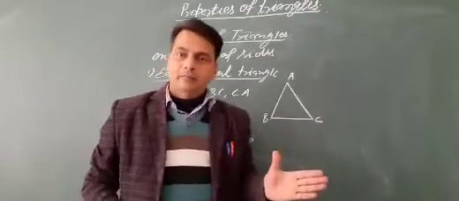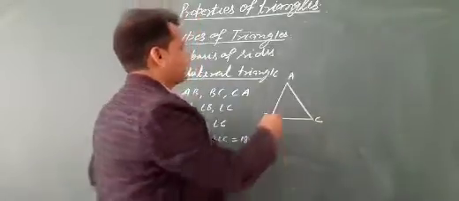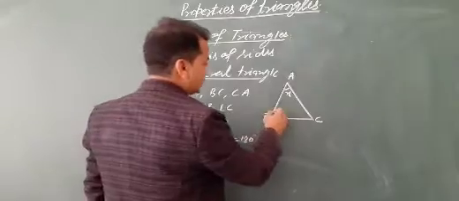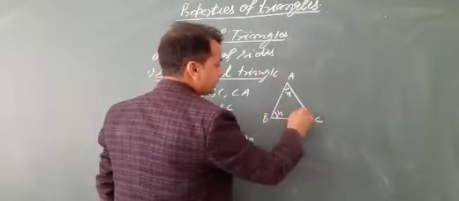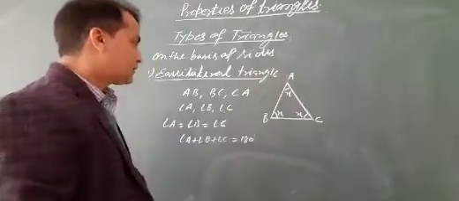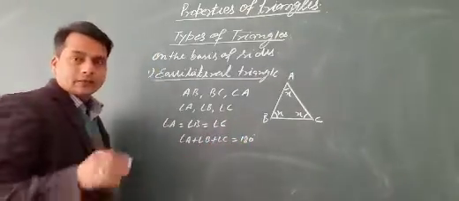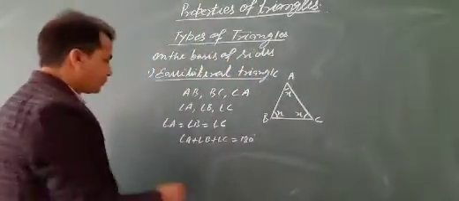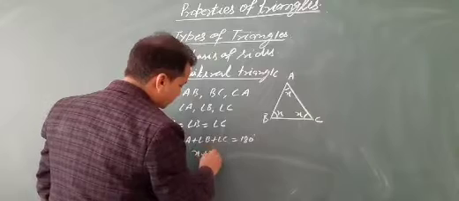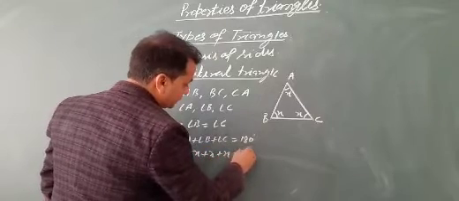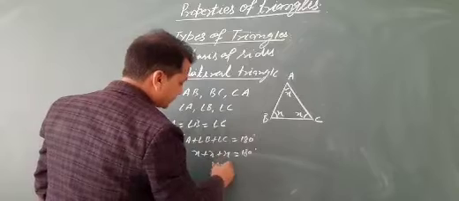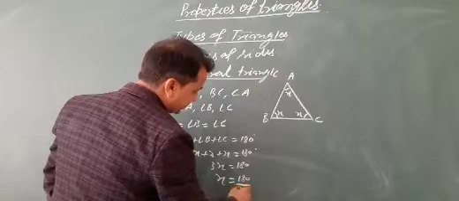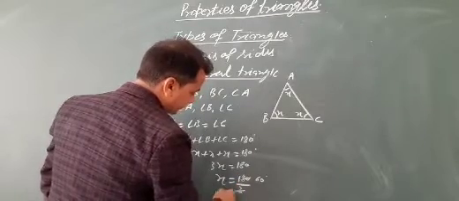Suppose angle A is X, then angle A equals B equals C, so each angle is X. By the angle sum property of a triangle, X plus X plus X equals 180, then 3X equals 180, X equals 180 by 3, that is 60 degrees.